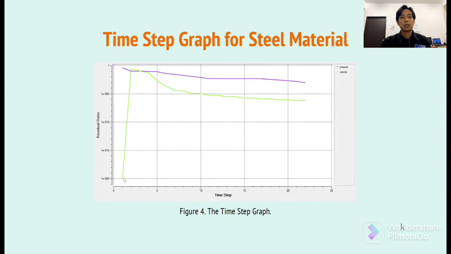As you can see here, the velocity fluctuated about one value and then constantly declined, and the pressure is also constantly declining. This graph shows the time step about 25 seconds.